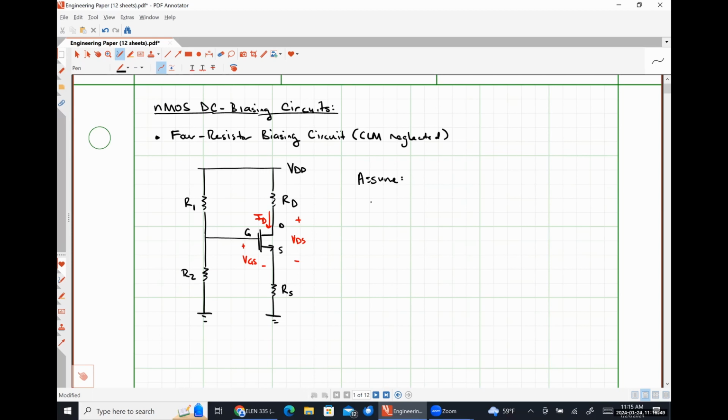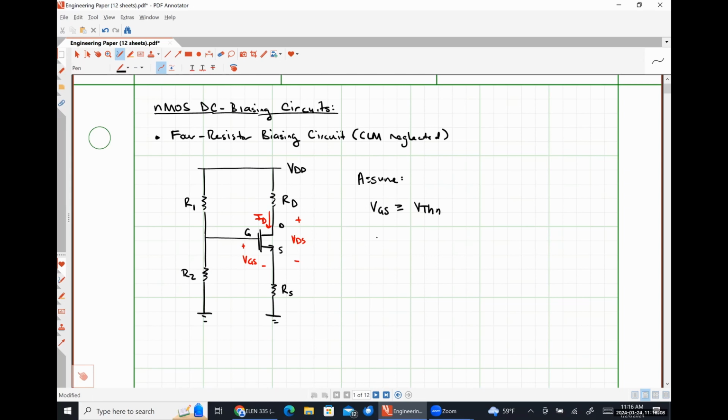The first of which is that our gate source voltage VGS is greater than or equal to our threshold voltage. And I'm using VTHN here to designate that this is the threshold voltage of the NMOS transistor.